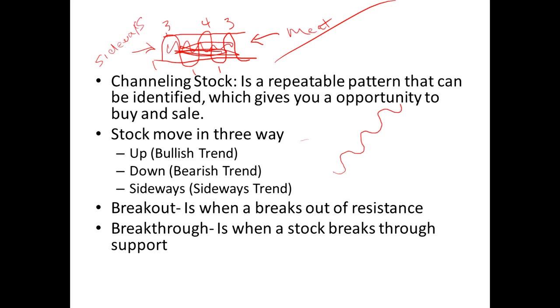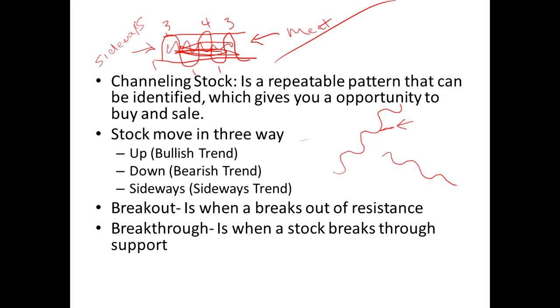This is trending up right there, and that's trending down. So this is the bearish trend, that is a bullish trend right there, and that's a sideways trend. Those are the 3 types of ways that the stock moves.